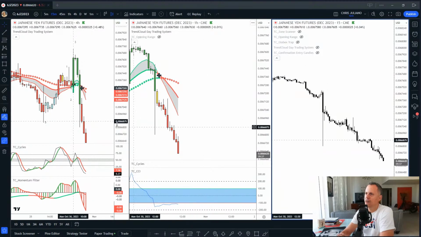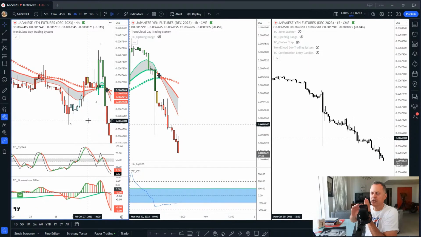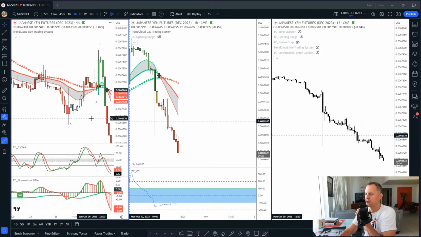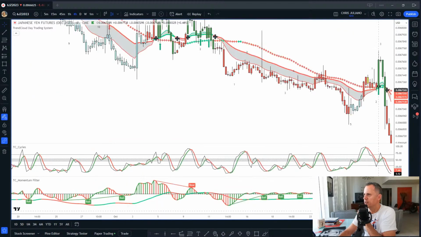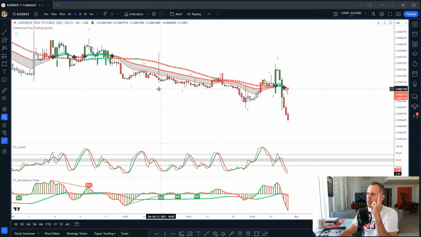On the Japanese yen, when you're in a downtrend and you see this wicking candle here, this huge wick candle, the next candle, you should start looking for your entry to go short.